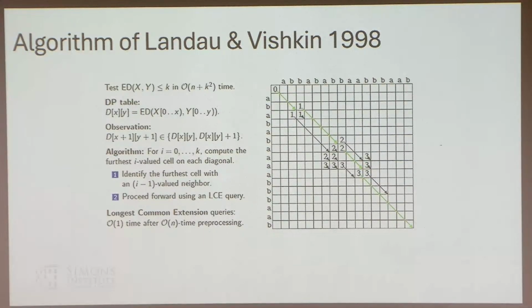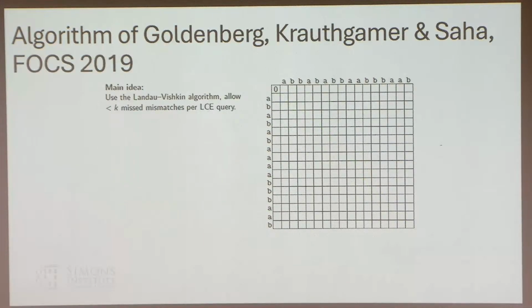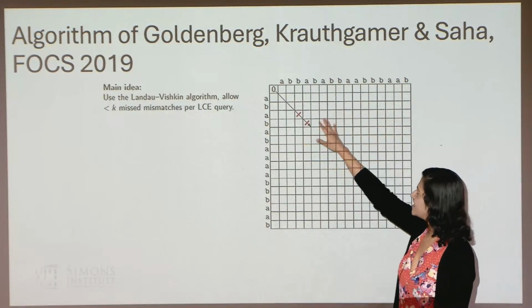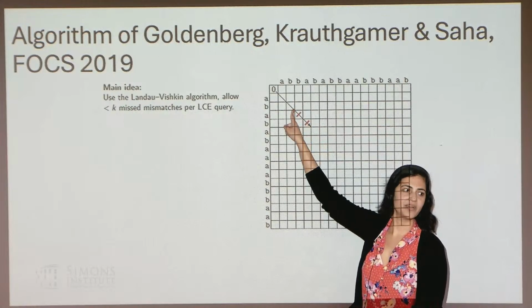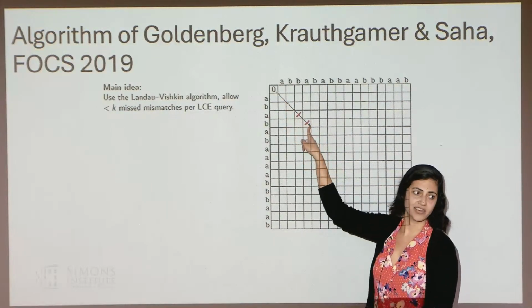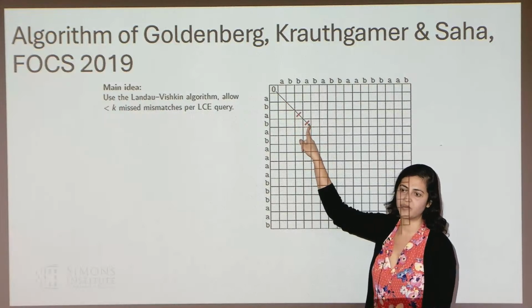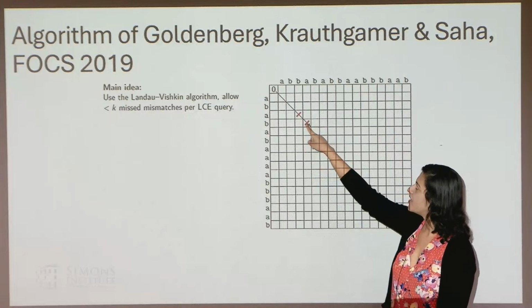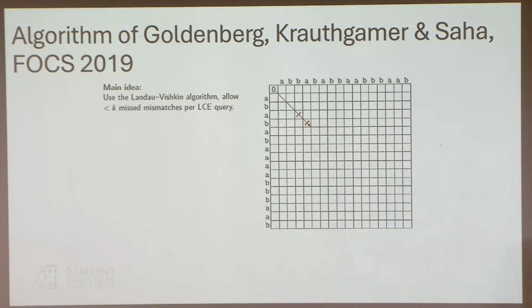So instead of computing exact LCE queries, we can attempt to compute approximate LCE queries. Let's take an example here. If we had considered an exact LCE query, I would have stopped over here. But I'm now allowing an approximate LCE query, which lets me go a little bit further, which is fine because I'm not trying to solve the problem exactly. I'm trying to solve K versus K squared edit distance. So I'm allowing up to K errors per LCE query.